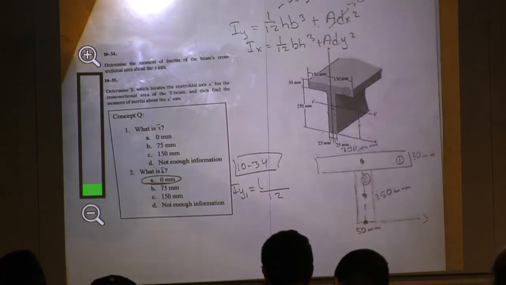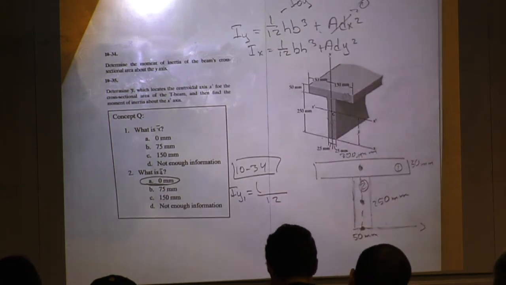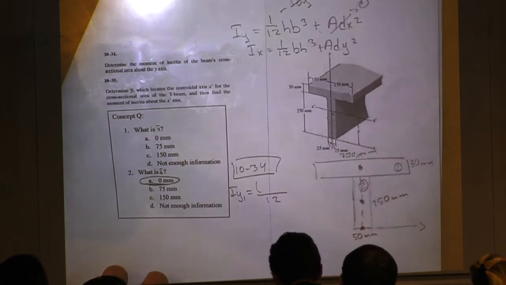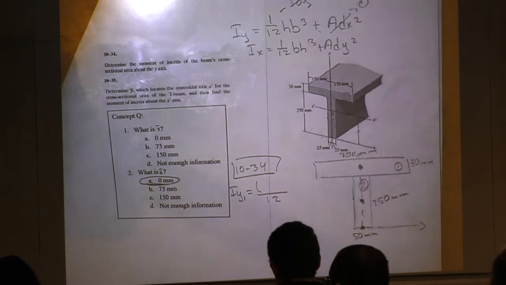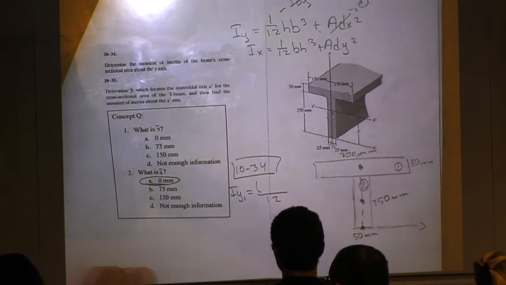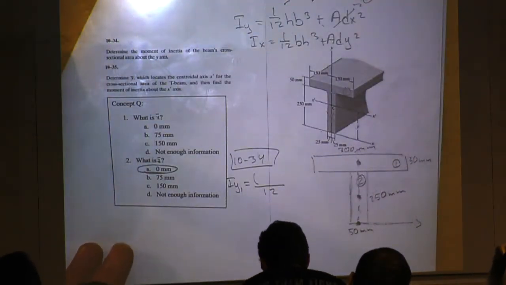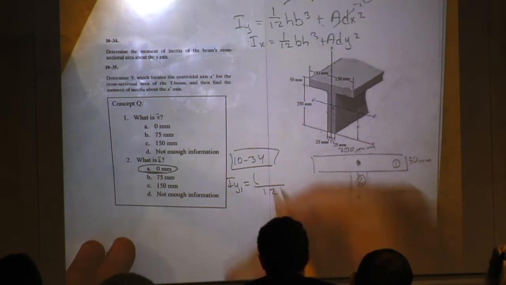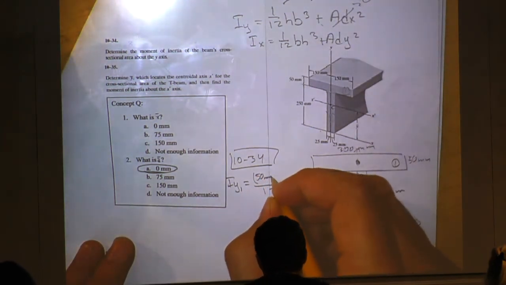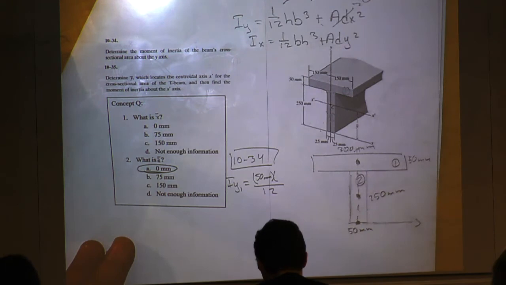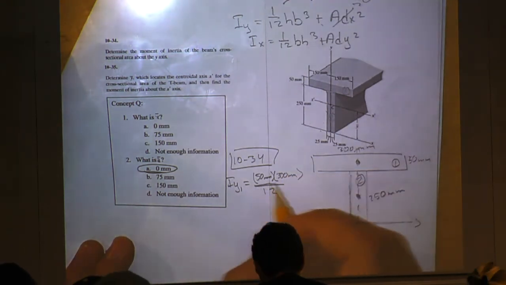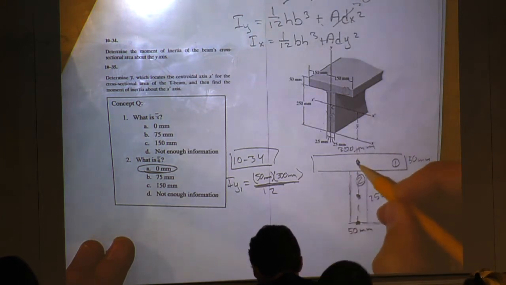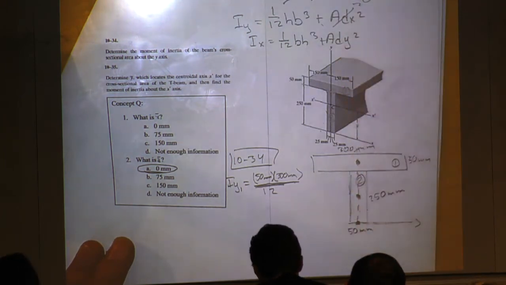So when I'm doing my equations, I want to include the distance away from the axis we're looking about. My height of the shape itself is 50 millimeters, and my base is 300 millimeters. It has a y centroid along the y-axis, so we don't include anything else.